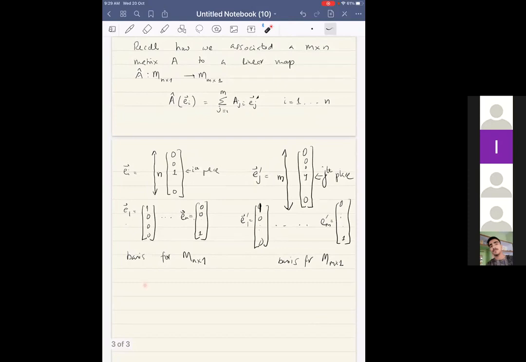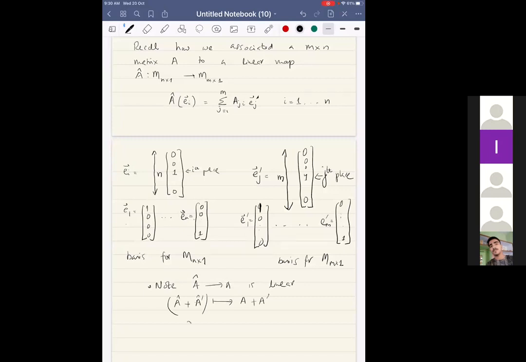So now let us check various things. First, note the map A hat to A is linear. In other words, if I take A hat and another linear map A hat prime, and look at the corresponding matrix, that will be A plus A prime.